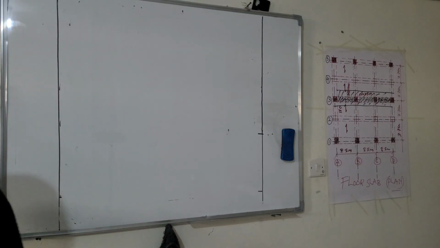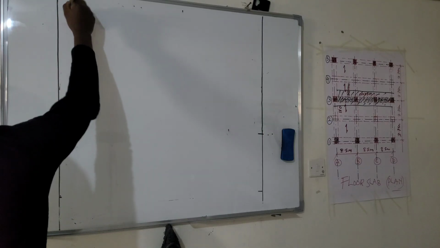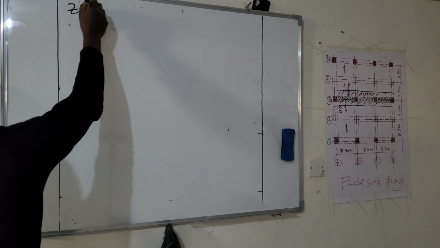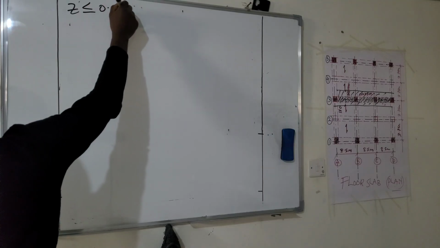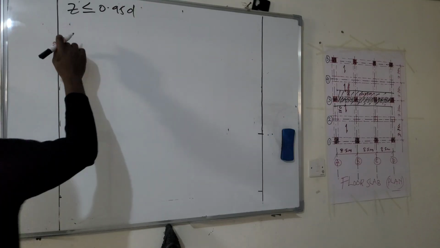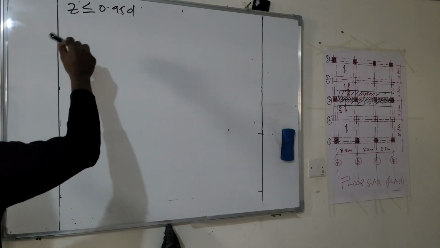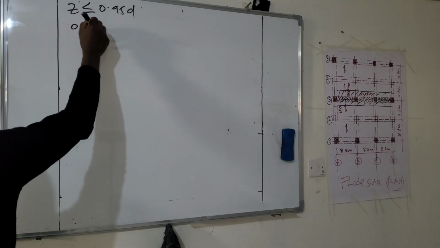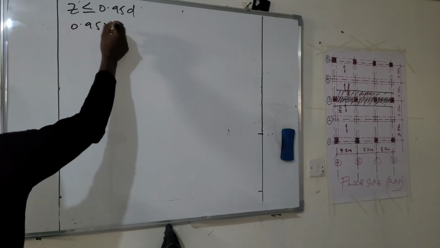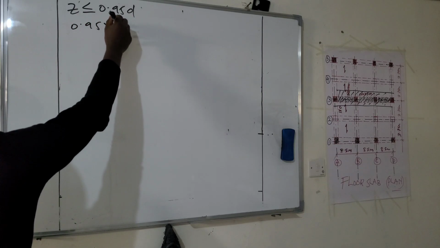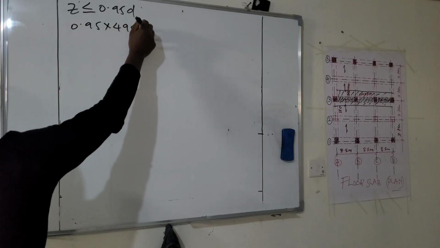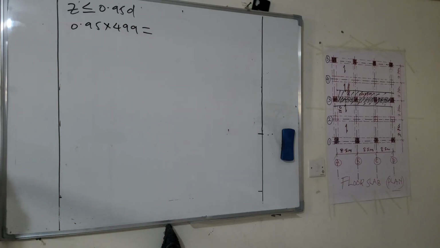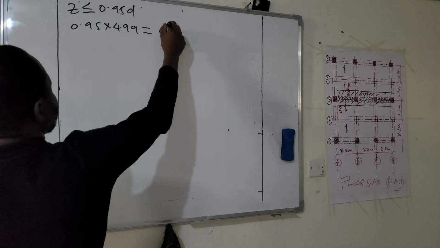So remember, Z must be less or equal to 0.95 D. So let's check. 0.95 times D, which is 499, is equal to 474.